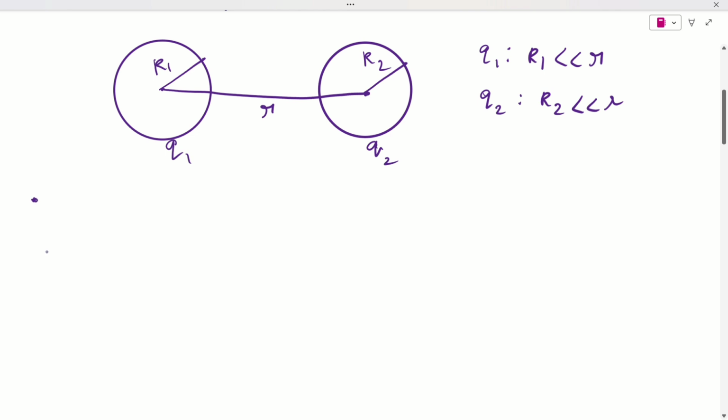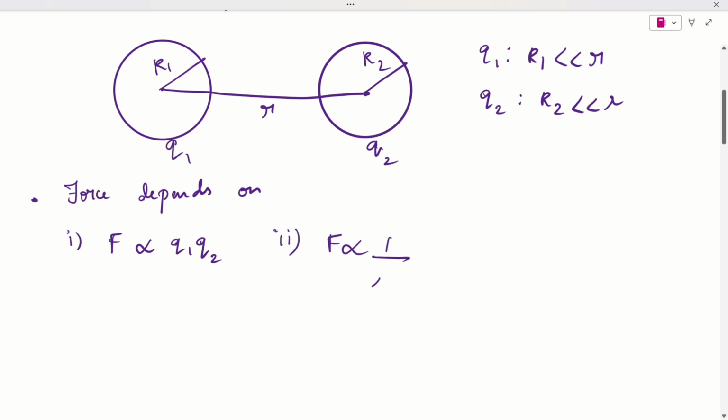Now let's move on to what Coulomb's law tells. According to Coulomb, the force acting between two charges is directly proportional to the product of the charges, inversely proportional to the square of the distance between them, and depends on the medium between the two charges.